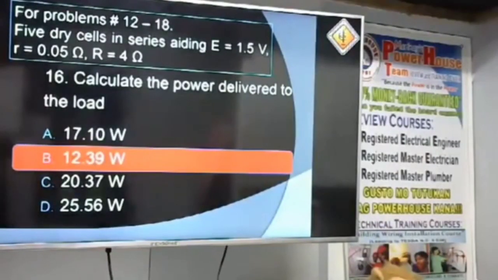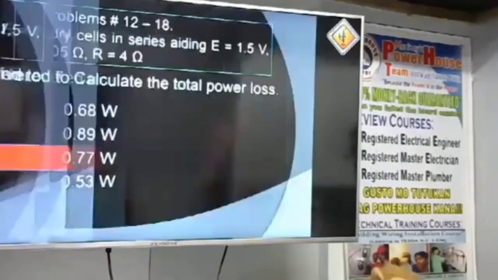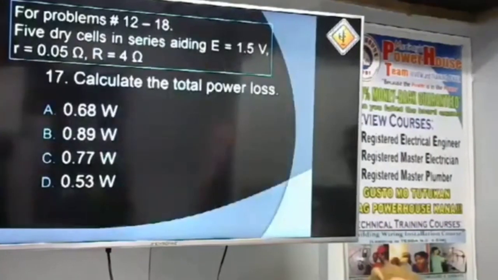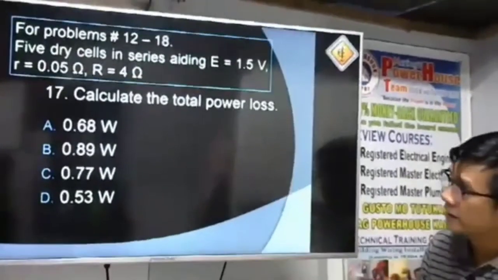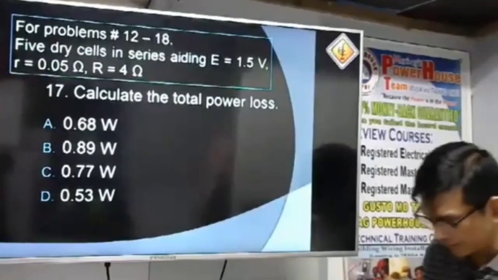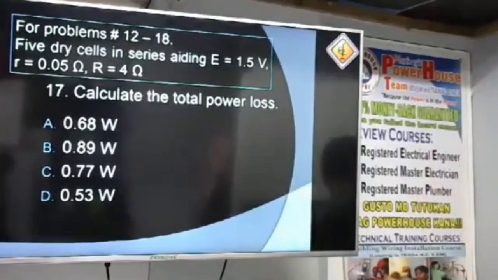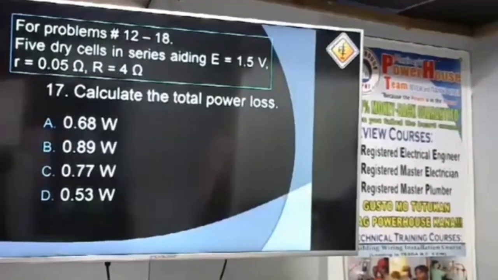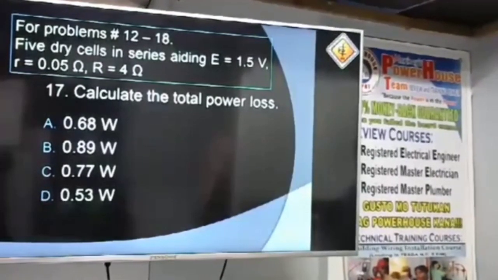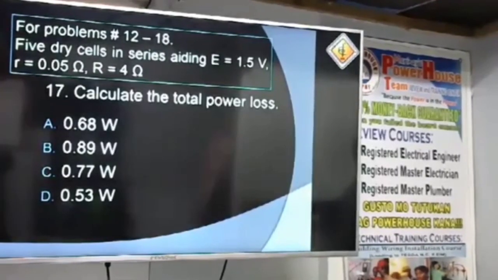Let's have now number 17. Calculate the total power loss. What is the total power loss?